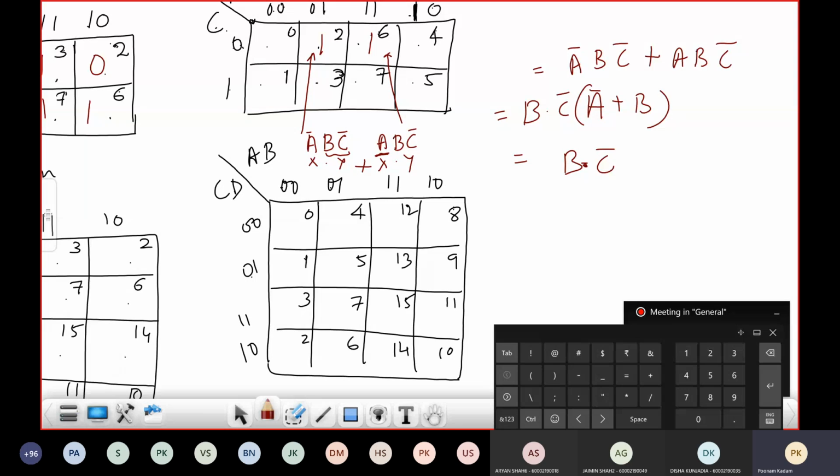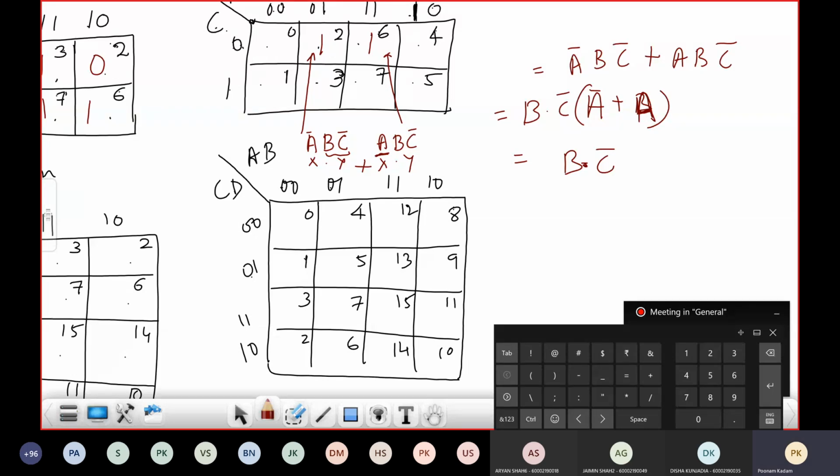So two terms have been reduced to a single term only. If you apply the Boolean algebra theorem, you get this.